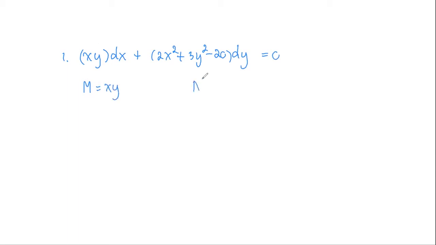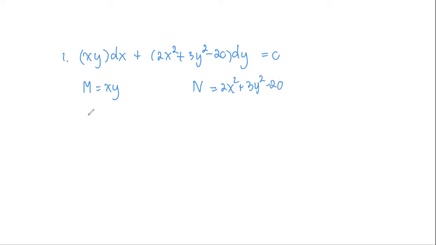So for the next example, let's do example one. I started the process in the package to help you see the big picture of the non-exact case and how to find the solution. We have xy dx plus (2x squared plus 3y squared minus 20) dy equals 0. So M is xy and N is 2x squared plus 3y squared minus 20.